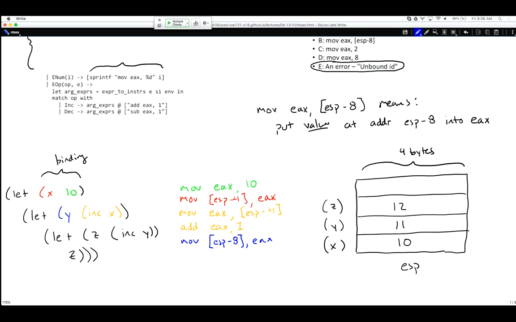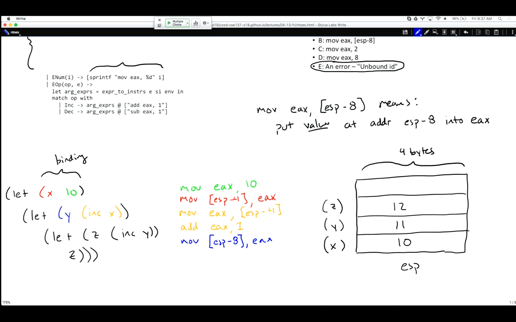So we're doing those two pieces, evaluating the expression for the variable's value, then storing that value into memory. Then we're going on with the body of the let expression. In this case, this is the whole body of that outer let expression. And that's what we're repeating every time we do a let. And so we can color the instructions that come out with what instruction they came from in the input.